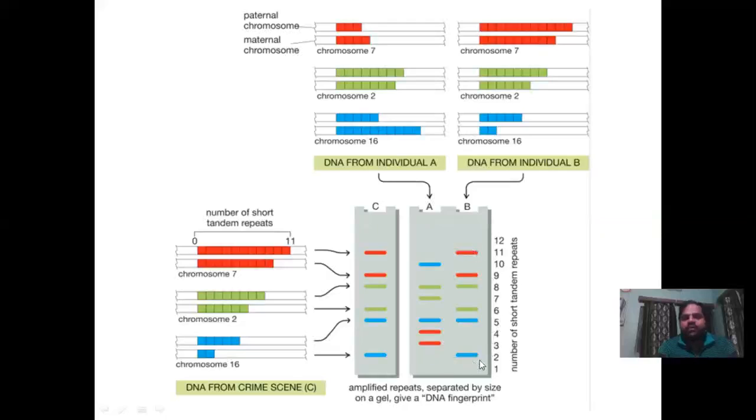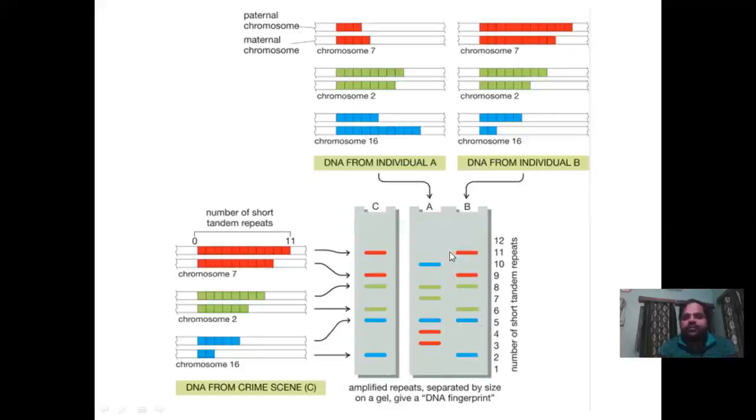The smaller fragments will be on the lower side of the gel, and the larger will come on the upper side. Among all the sequences of two individuals, the red repetitive sequences are represented here, and the smaller one is here.